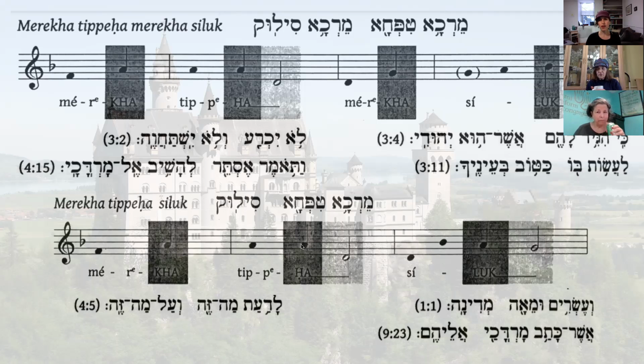If there's just one accented syllable and it's the last syllable, it's going to get both notes. If there's two notes for the accented syllable, and one of them is a lighter shade, that's what happens if you have a penultimate word accent.